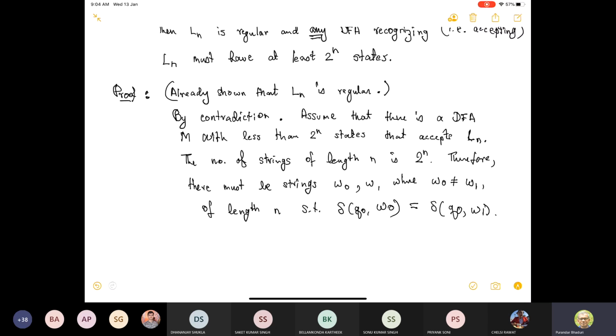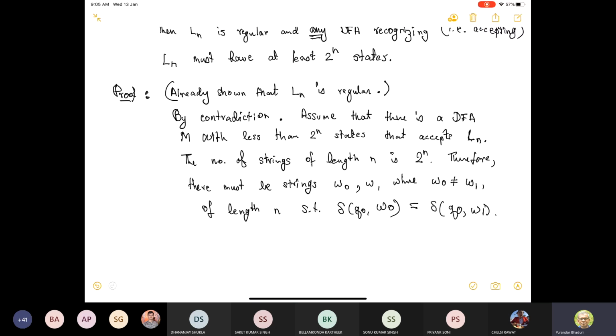And here, when we write delta, we mean delta hat, of course, because W0 and W1 are strings, right? So we really mean delta hat, but we are going to overload that symbol without even mentioning it, right?